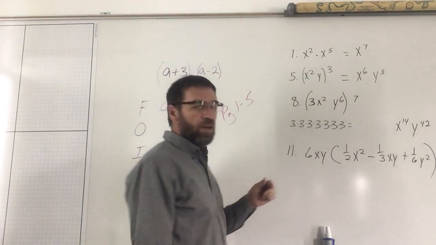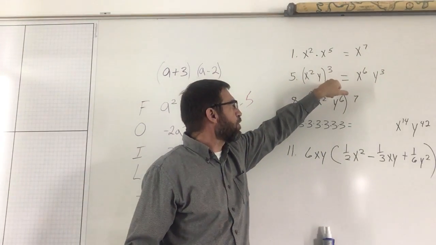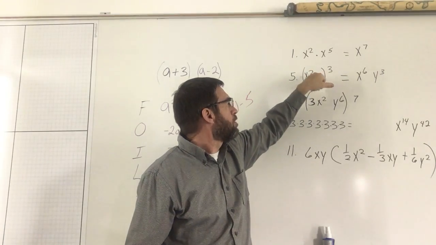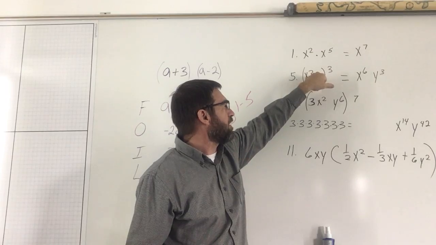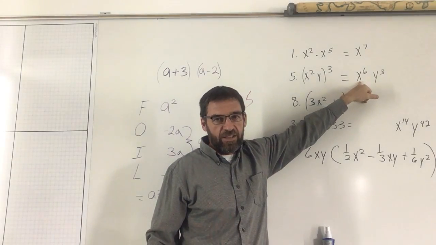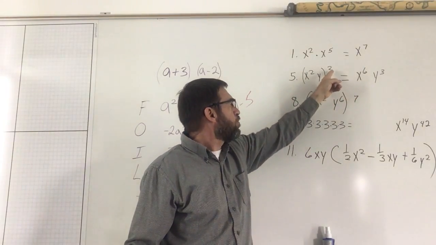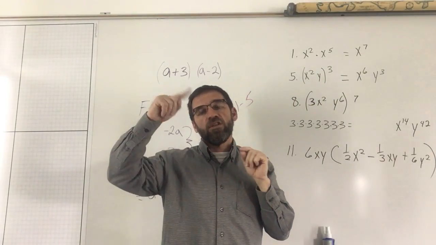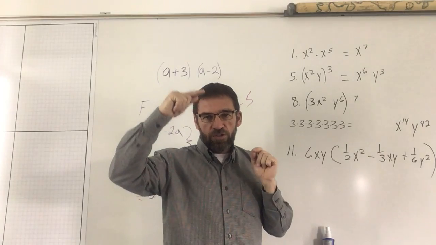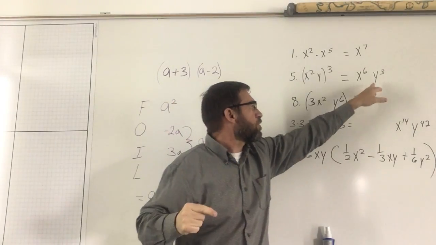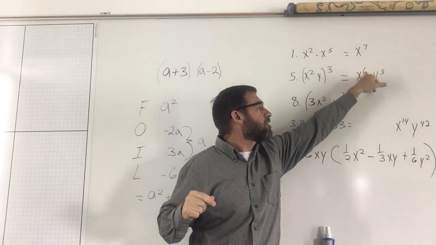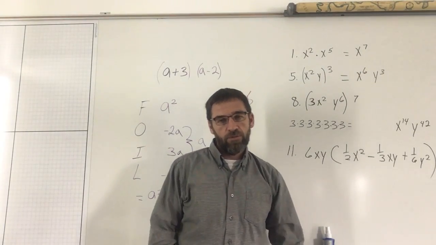When you have an exponent that's outside, and the parentheses means times, you have to go 3 times 2. So 3 times 2 is 6. So you have x to the 6th. Now you go 3 times y. You know there's a little 1, exponent 1. So 3 times 1 is 3. So you have y to the 3rd power. So your answer is x to the 6th power, y to the 3rd power.